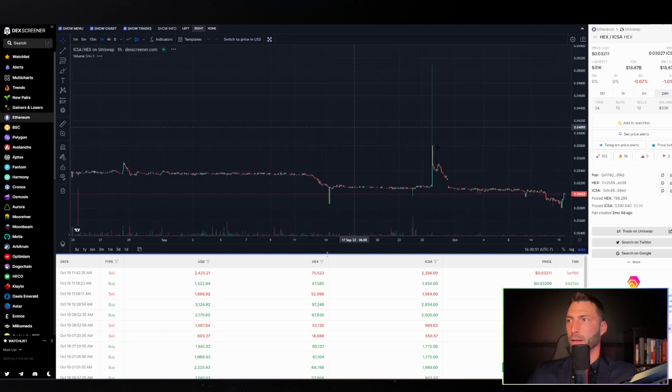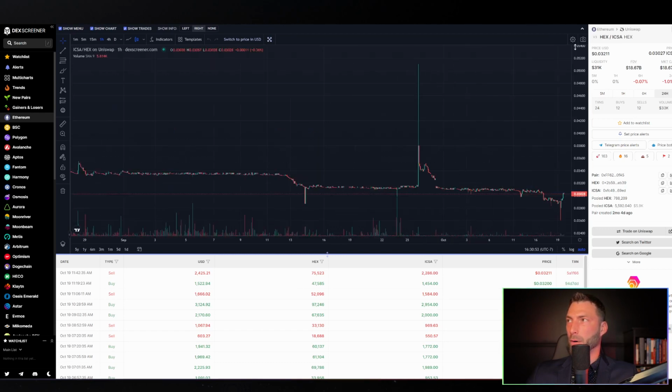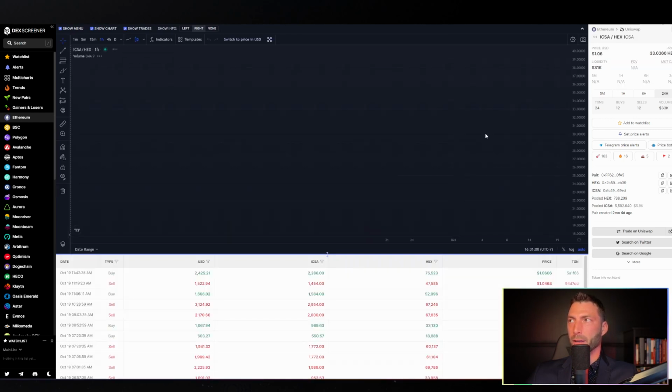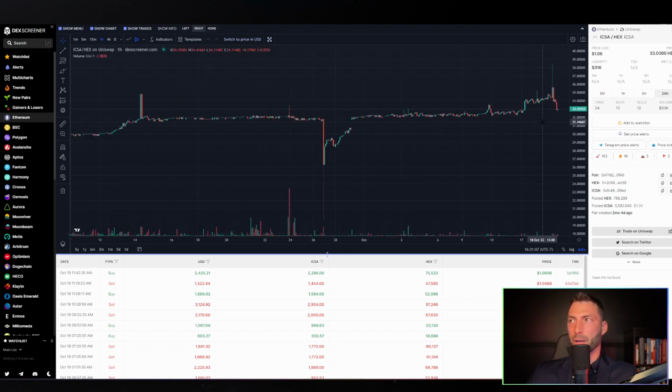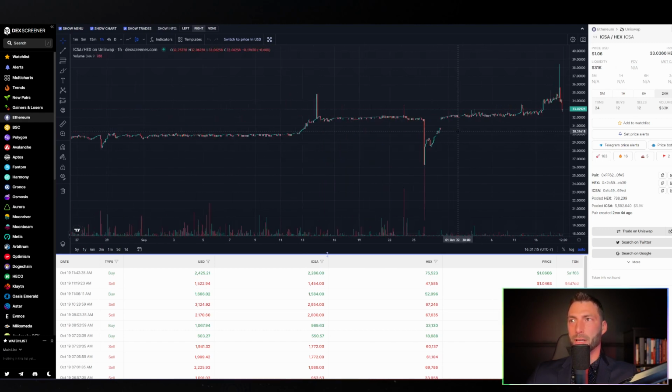And then you're going to want to go over to the sideways ellipses here and click invert pair so that it's hex per Icosa. That's the number that we want to know: how many hex does it take to get one Icosa? That's what we want to know. And those are the things you're going to need to edit in order to see that well.